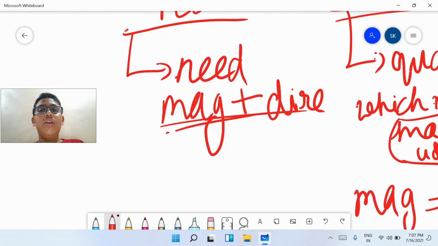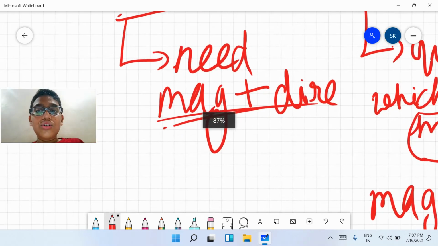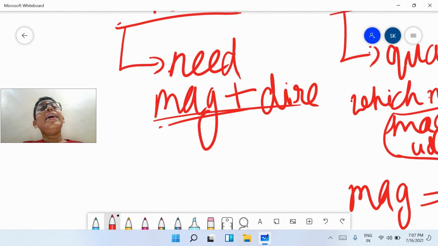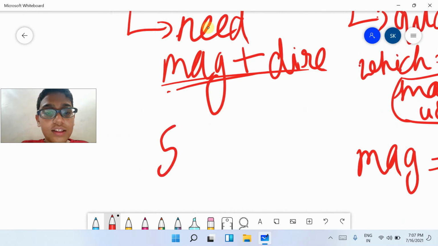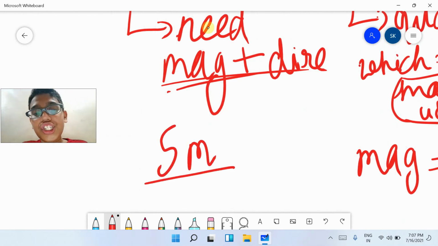You will not know where to go, straight, right, or left. Where should you go? But if he tells you that the thief is 5 meters toward west from you, you will get an idea of where the position of the thief is. So you will know where he is and you can simply catch him.